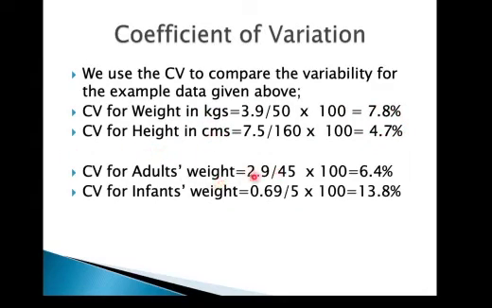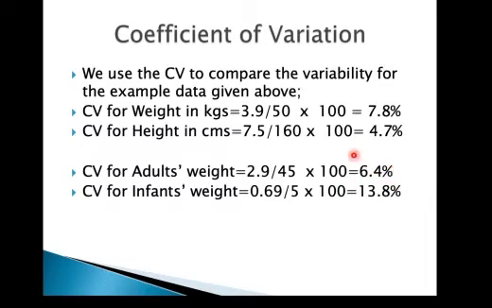Now, we look at the weight among adults and infants. For adults, the standard deviation is 2.9, and this is the mean, 45 times 100, and the coefficient of variation is 6.4. For infants, 0.69 is the standard deviation divided by the mean, 5, times 100, we have the coefficient of variation equal to 13.8. From this example, we note that infants' weight has more variability than adults' weight.